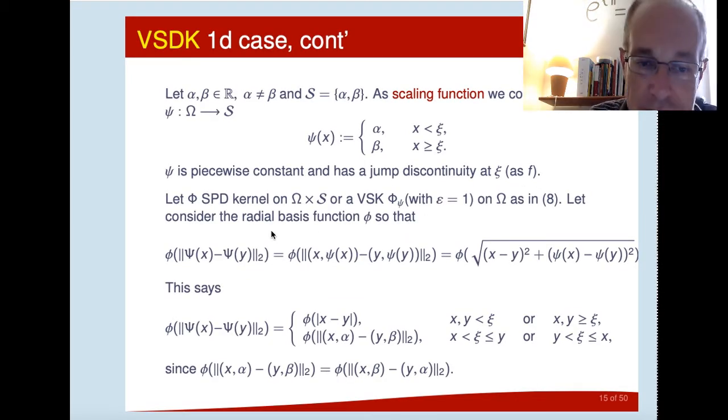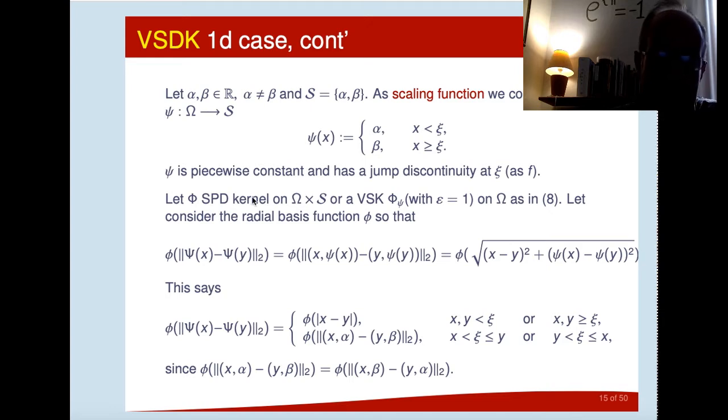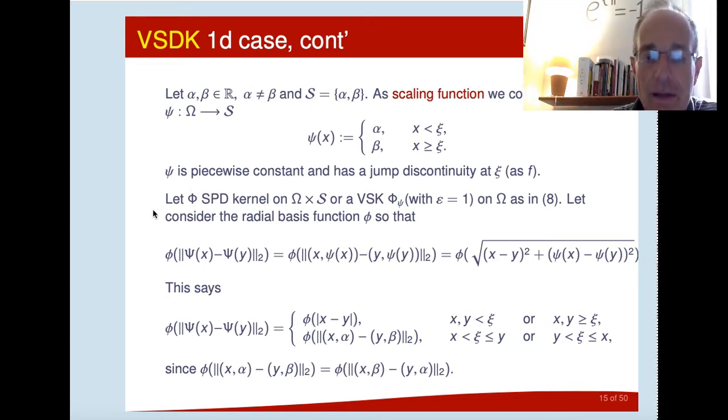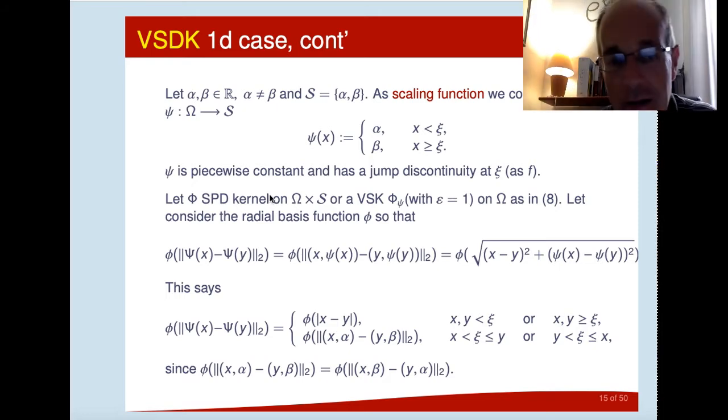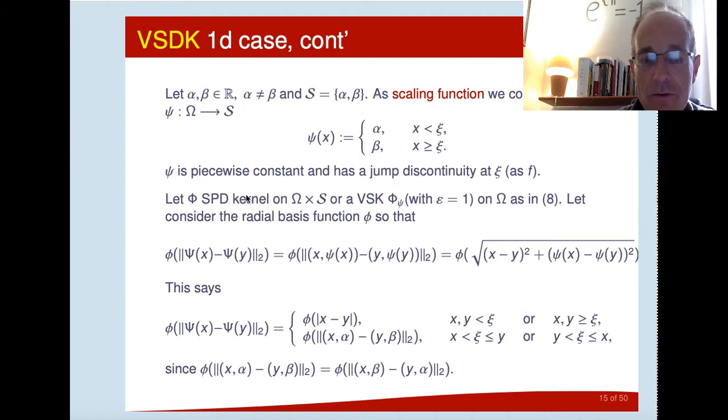So now the idea for the construction is the following. We start from a strictly positive definite kernel. I didn't say much about why we rely on this type of kernel, but there is a theory that says that every conditionally positive definite kernel can be reduced to a strictly positive definite one, and if you have a strictly positive definite one, you have all the properties for existence and uniqueness of the solution of the linear system that comes when you solve the interpolation problem.